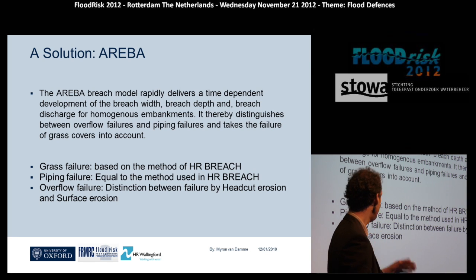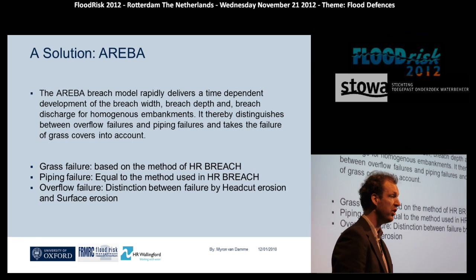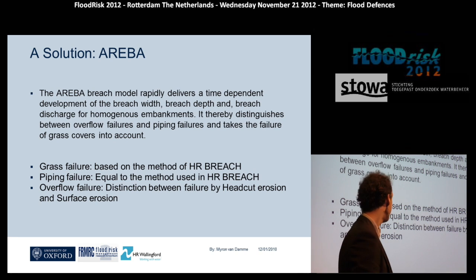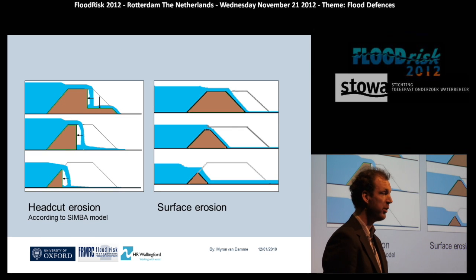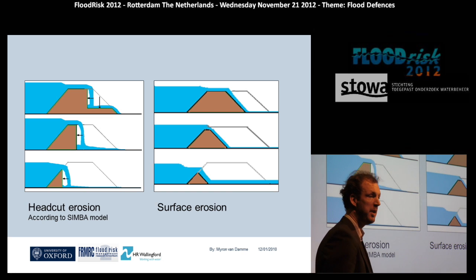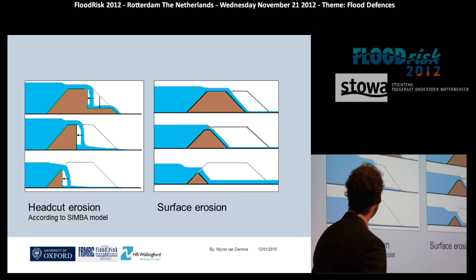The grass failure is based on the method used in HR BREACH, an already existing breach model developed by HR Wallingford. And the piping failure also uses the same method as HR BREACH. So what is headcut failure and what is surface erosion failure? This is a very schematic overview of what actually happens in the case of headcut.